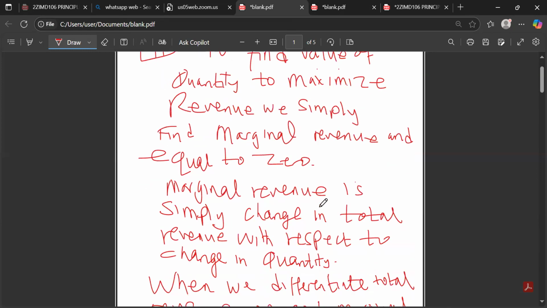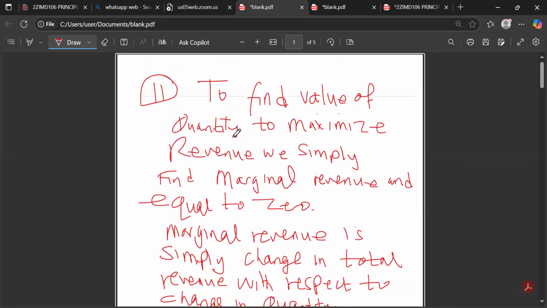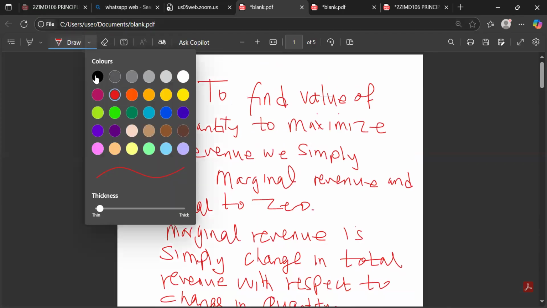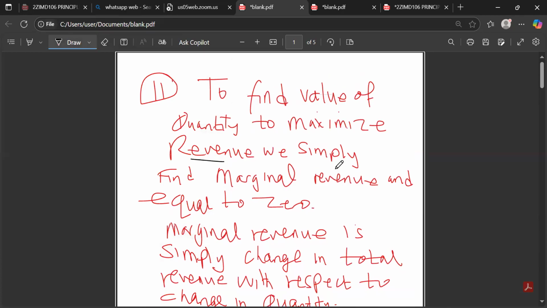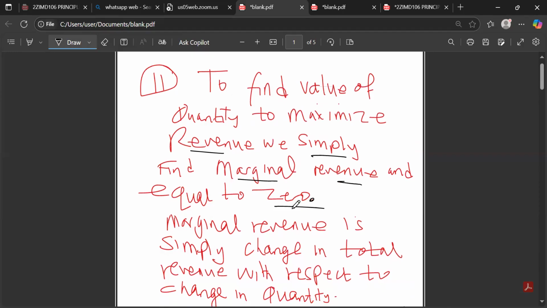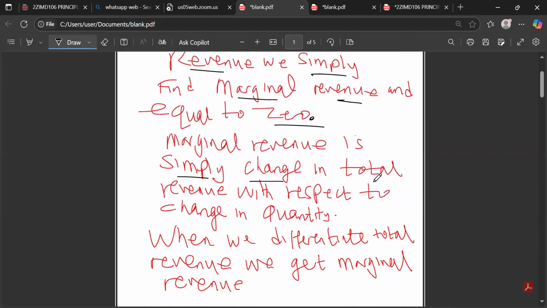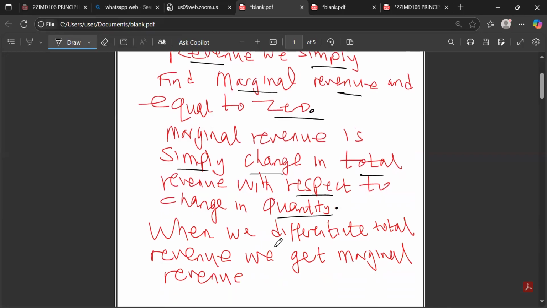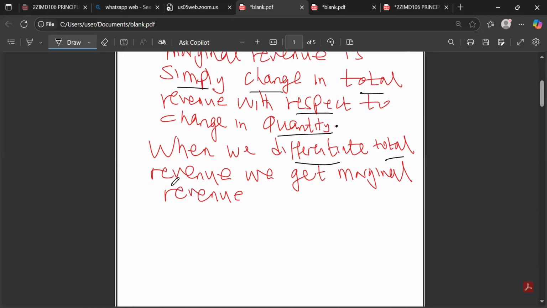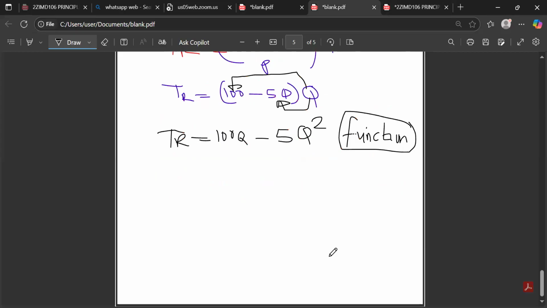So what are we saying here? To find the value of quantity to maximize revenue, we simply find marginal revenue and equate it to 0. Marginal revenue is simply the change in total revenue with respect to change in quantity. So when we differentiate the total revenue, we get marginal revenue. If you come here, we have the total revenue of what? 100Q minus 5Q squared.